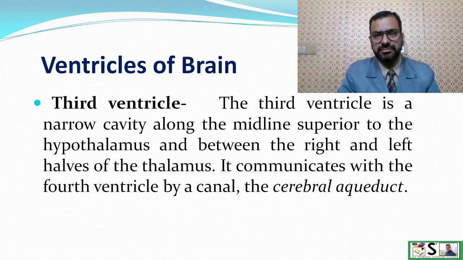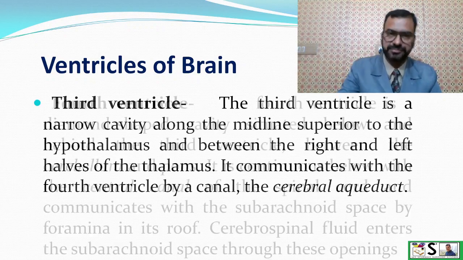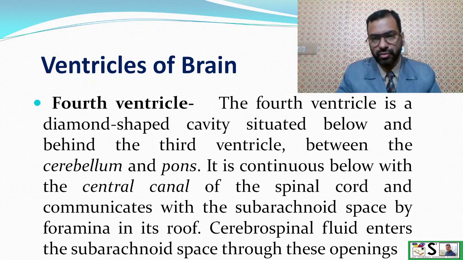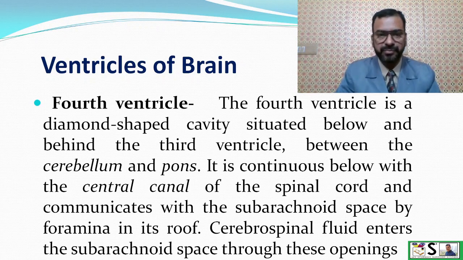The third ventricle is a narrow cavity along the midline superior to the hypothalamus and between the right and left halves of the thalamus. It communicates with the fourth ventricle by a canal known as the cerebral aqueduct. Fourth ventricle. The fourth ventricle is a diamond-shaped cavity situated below and behind the third ventricle between the cerebellum and pons.